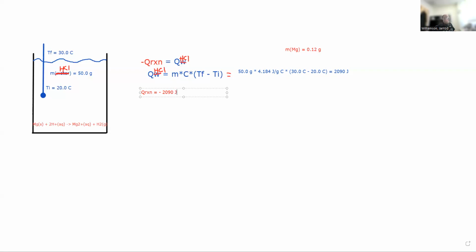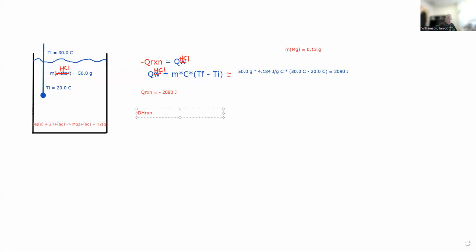And then something I need to do is look up the molar mass of magnesium. Now I want to calculate the enthalpy of the reaction. I wrote DH instead of delta H.